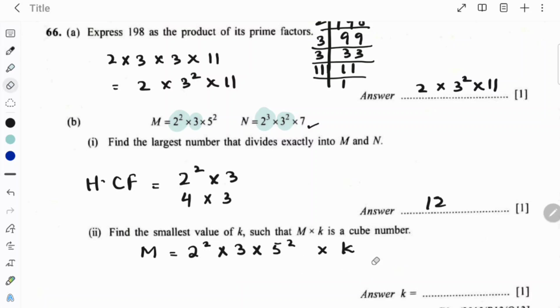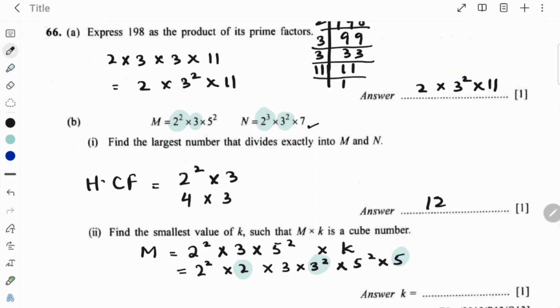I'm writing down here, then you will understand it, that I'll multiply 2 square by 2, okay, and 3 by 3 square, okay, and 5 square by 5 only. So which numbers did I multiply? I multiplied 2 square by 2 and 3 by 3 square and 5 square by 5.